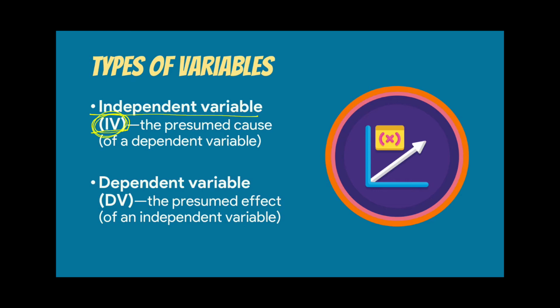This is the presumed cause of a dependent variable. So the presumed cause is the independent variable, and in a relationship, the presumed effect is what we call a dependent variable, or a DV. All right, so that's very important for you to remember.